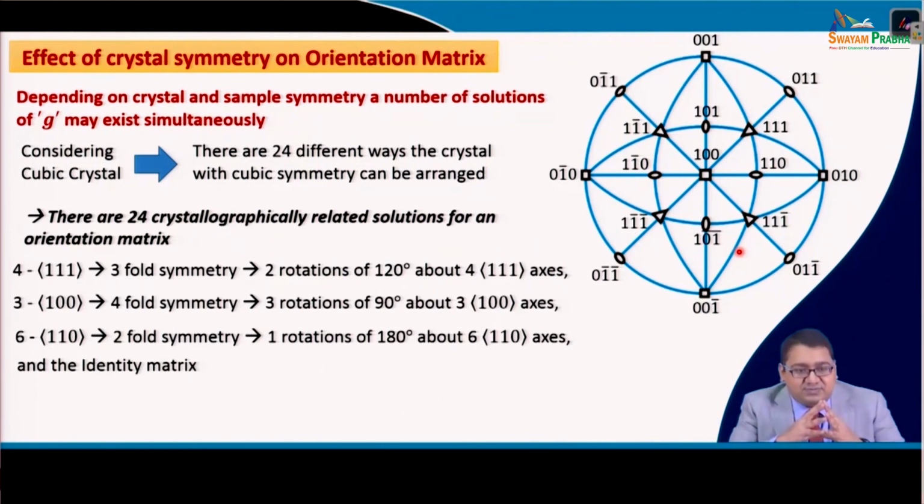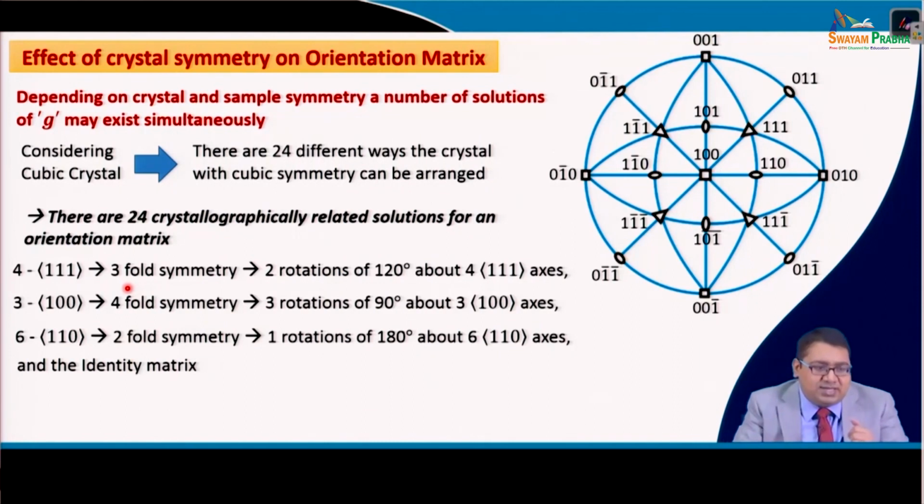What are the 24 crystallographically related solutions for the orientation matrix? You can see that the cube has four 111 axes with 3-fold symmetry, right. If we give 2 rotations of 120 degrees about a 111 axis, it goes to a new position, but the crystal looks exactly the same.